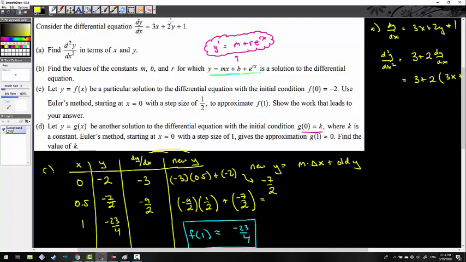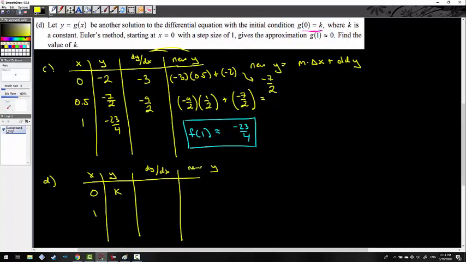So when I want to find the slope, I'm going to go ahead and just plug in 0 and y into these things. And so I should end up with 0 plus 2k plus 1. And then in order to get new y, I'm going to take dy dx. So it's going to be 2k plus 1.